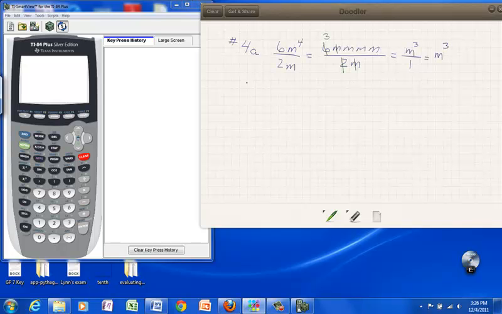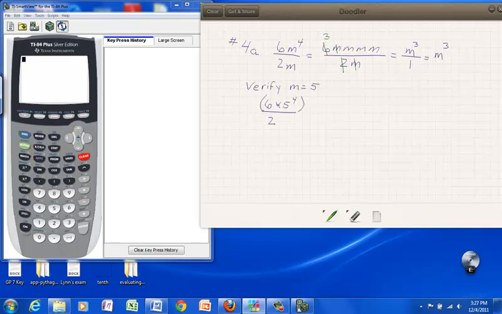And let's verify. We've been letting m equal 5, so let's keep that up. Now on the calculator, when you're doing 6 times 5 to the 4th, and it's in the numerator of a fraction, don't forget to group that.